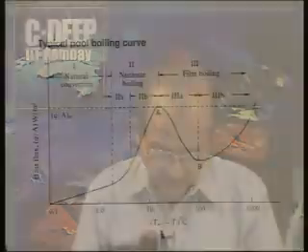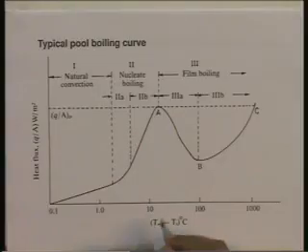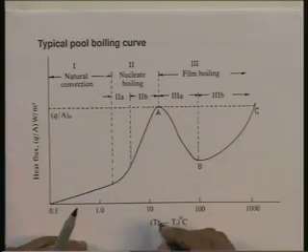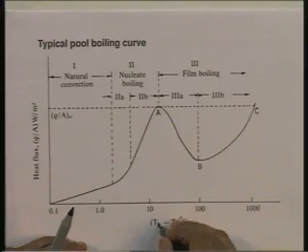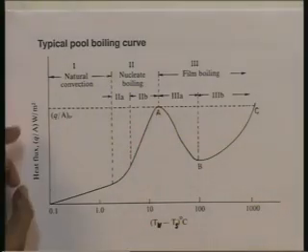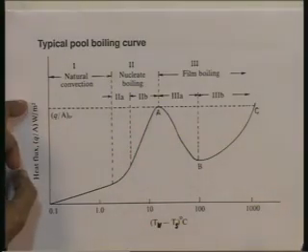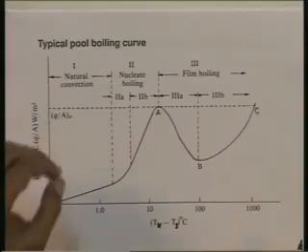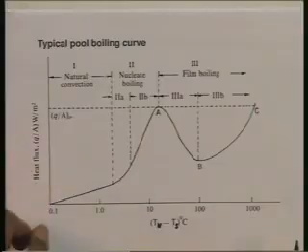Suppose instead of being able to control, let us go back to the figure of the pool boiling. This is T w minus T s. Suppose instead of being able to control T w minus T s, I am controlling the y axis coordinate, that is q by A. That is, I am systematically giving more and more heat flux to the surface.